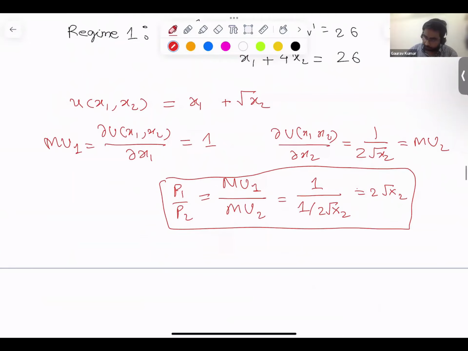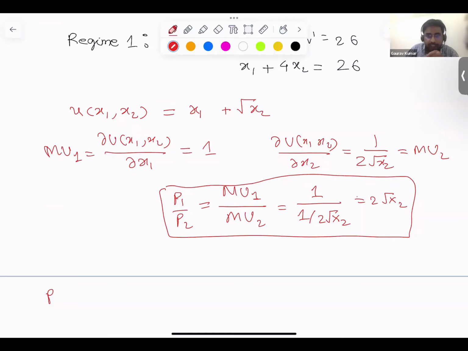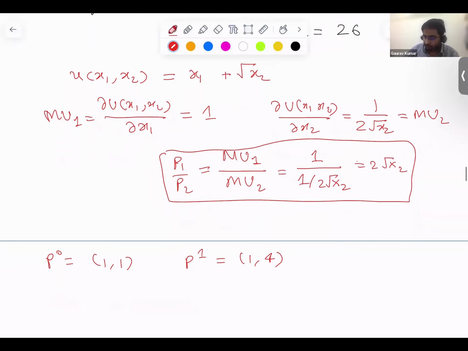Okay, so see what happens is the price vector in the 0 regime is 1 comma 1 and the price vector in the 1 regime is 1 comma 4. So what can we observe from here?